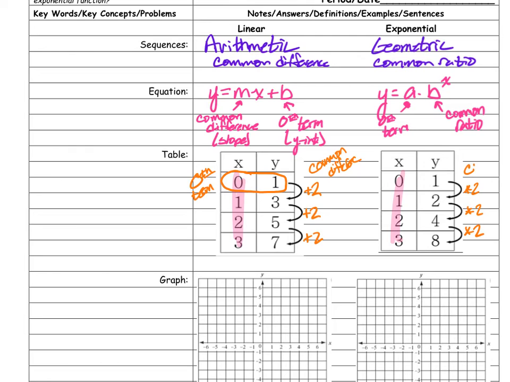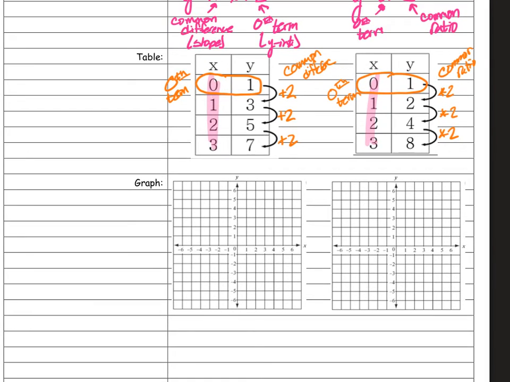So that means this is a common ratio. Good. And I still have my 0th term. Okay, if I have a table that doesn't have a 0th term, I just go backwards 1 step, remember? So we're going to talk about that next time and how we do that. Or the time after, I'm not sure. Sorry, I can't remember which time we're going to do that on.